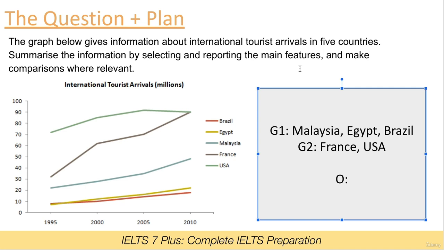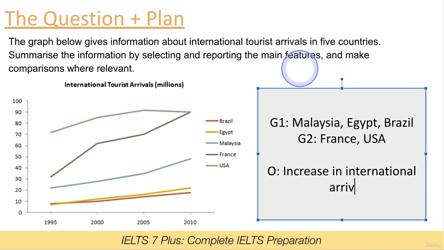what strikes me is that there is an increase in international arrivals overall. Obviously, we'll talk about the finer details in the question, but overall an increase in international arrivals, and we can perhaps make an additional observation and say something like especially France, because they have a big increase there.